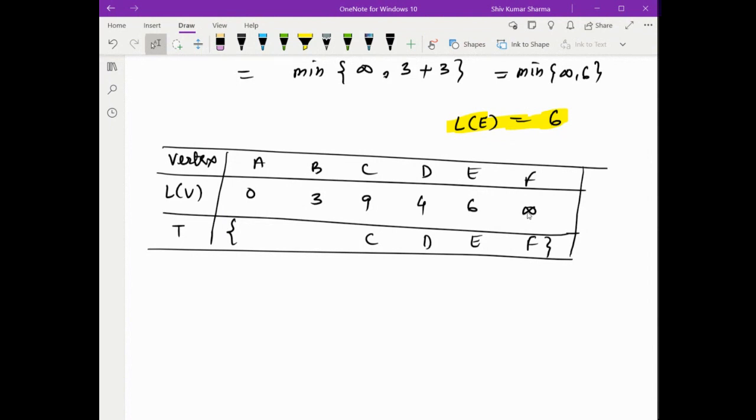Now we check these three vertices, that means vertex C, vertex D, vertex E. Which vertex has the minimum level?